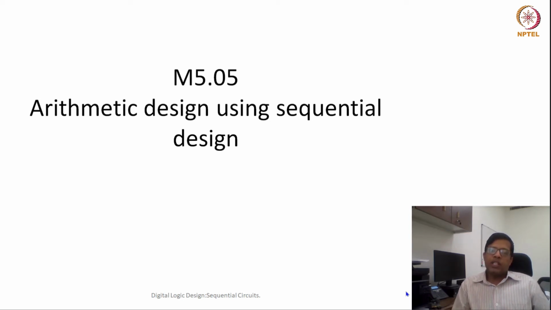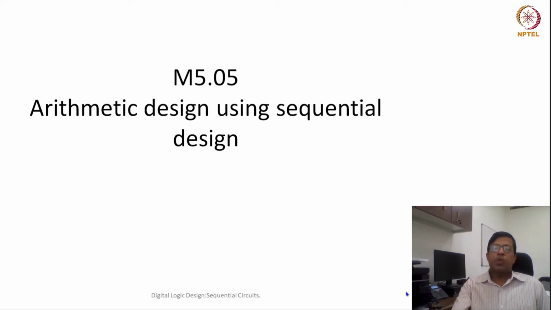We will try to see what kind of benefit there can be if this adder, multiplier, or any arithmetic circuit for that matter is designed using sequential circuits, and what kind of advantages we can get.